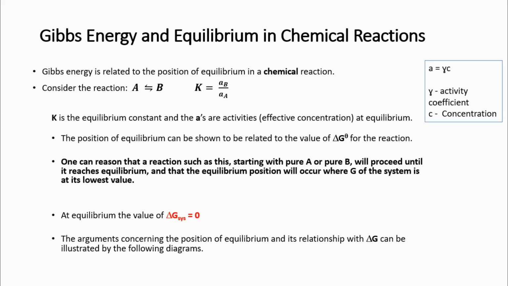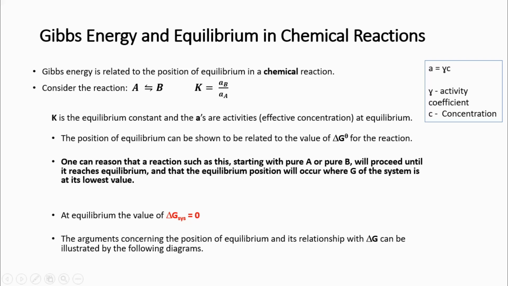Let's consider the example where we have a reactant A converting to B in an equilibrium situation, and of course the equilibrium constant is given by the activity of the product B over the activity of the reactant A. And activity is really the active concentration or the effective concentration of a species in solution, given by the product of activity coefficient and concentration, as you can see over here.